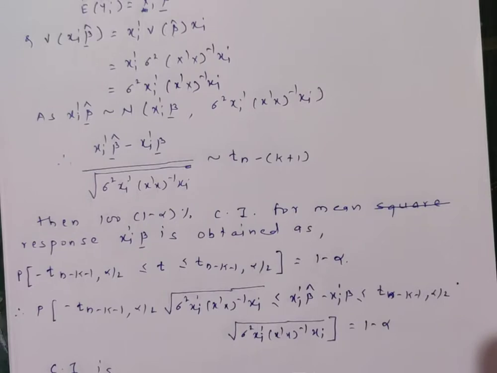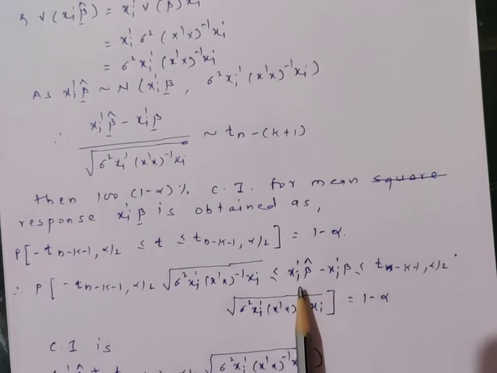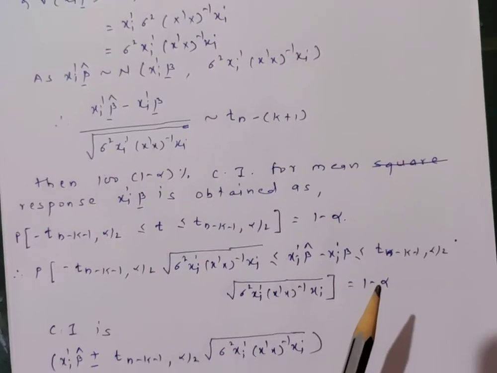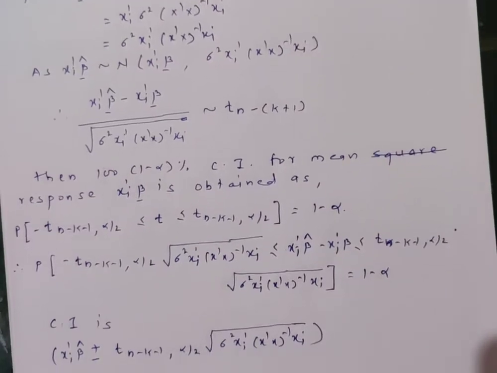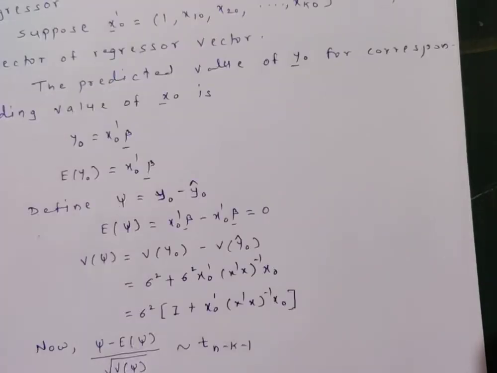Since we need the confidence interval for xi prime beta, we transfer this term, xi prime beta, to both sides. Hence we get the confidence interval as xi prime beta hat plus or minus t n minus k minus 1, alpha by 2, times the square root of sigma square xi prime (X prime X) inverse xi. So that is the confidence interval for the mean response.